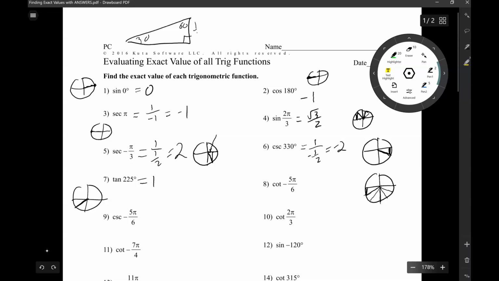And we know that's 1/2, and that's rad 3 over 2, and that's 1. Okay, so cotangent is cosine over sine, so that would be, in this case, negative rad 3 over 2 divided by -1/2, which would just be positive rad 3.